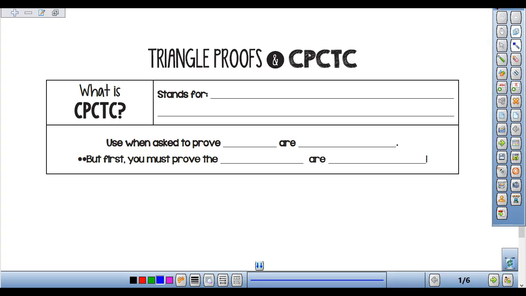CPCTC, one of my favorites. Who remembers what that guy stands for? Come on, turn back a few pages if you don't remember.